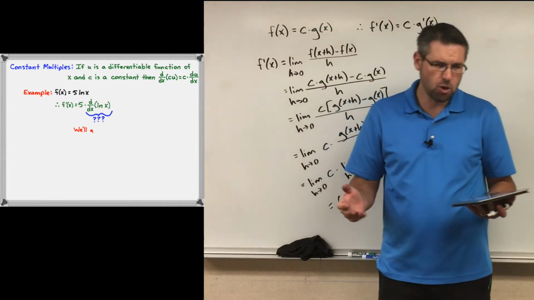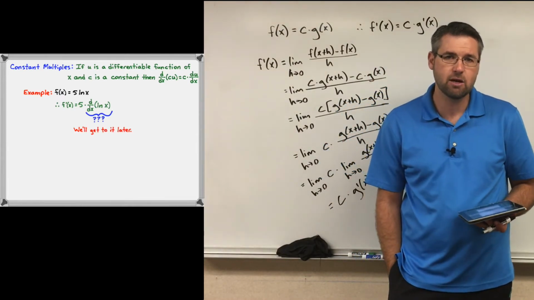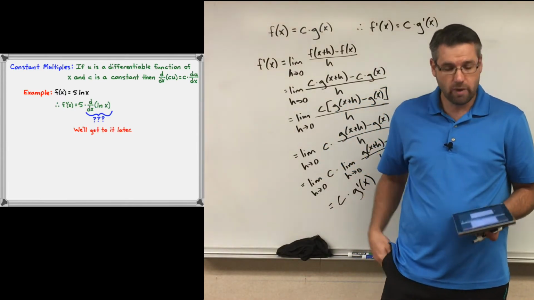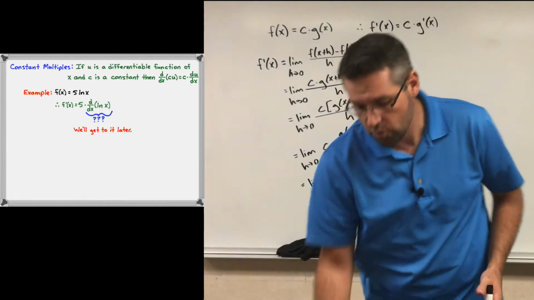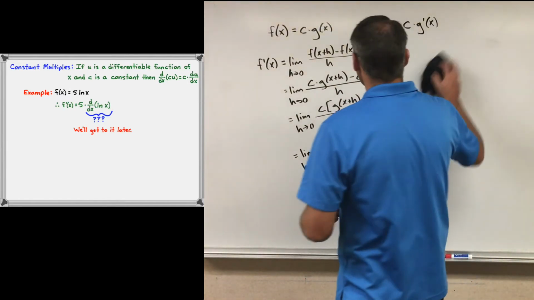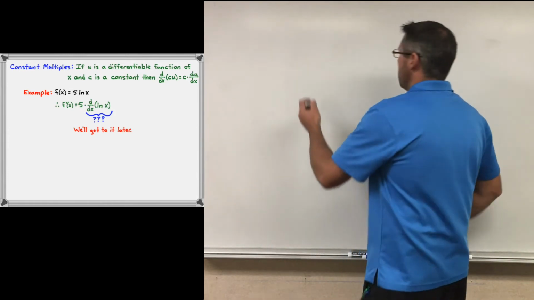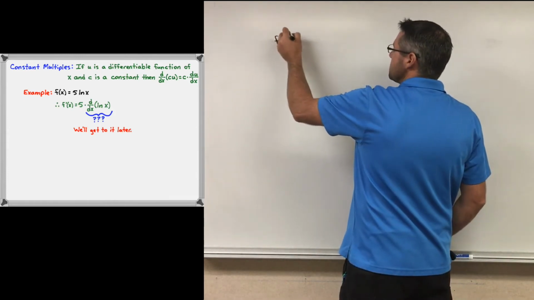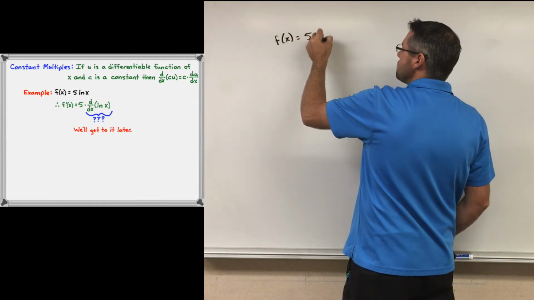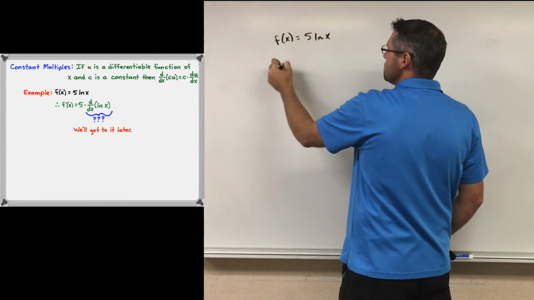Now, I put question marks here, saying we'll get to it later, but in fact, you already should know the derivative of natural log of x. We kind of explored it in a previous lesson. So I'll go through this a little bit more. If I have f of x equal to 5 natural log of x, this is a constant multiple.